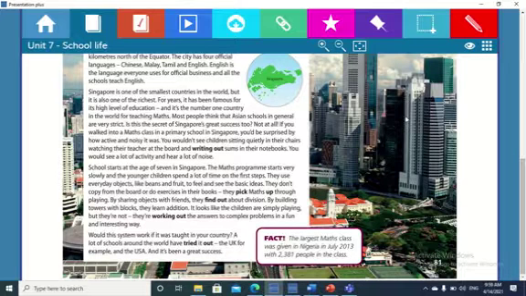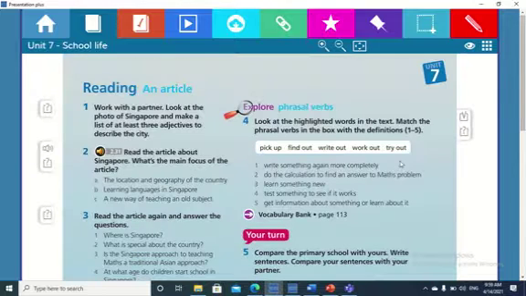So what can you say about Singapore? Complete the sentence. Singapore is what? You need certain adjectives. Of course, you should have your own guesses by looking at the photos.